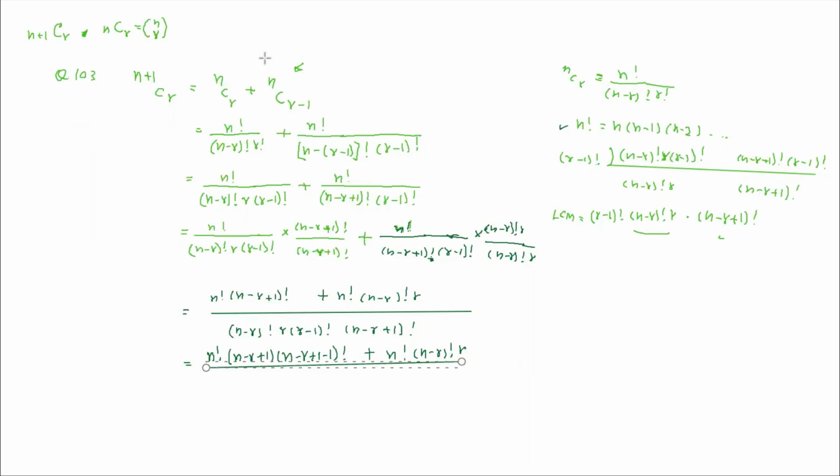Okay, write this one down, the LCM becomes n minus r factorial times r minus 1 factorial times n minus r plus 1 factorial. Okay, so from the top right now, take a look. We have the common factor n factorial.